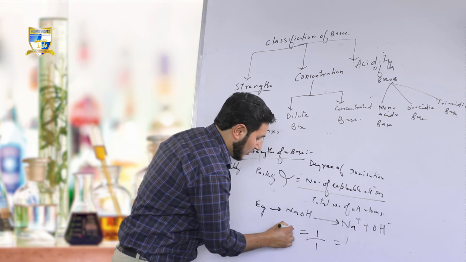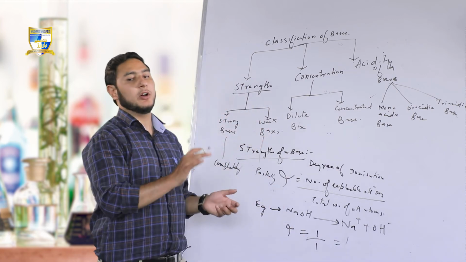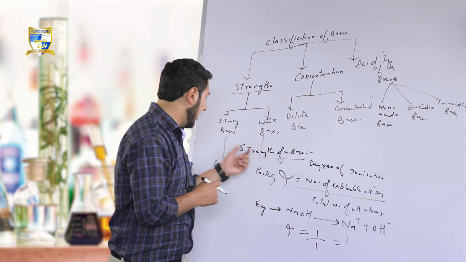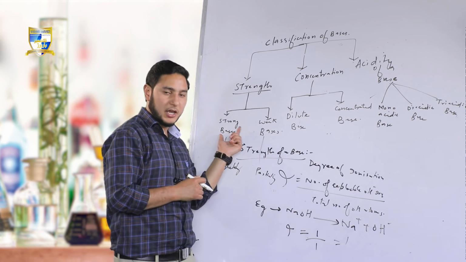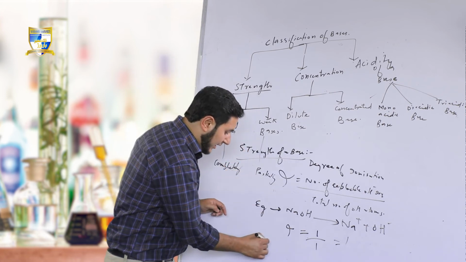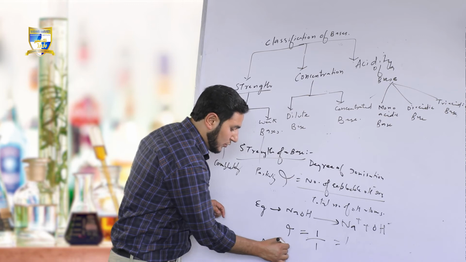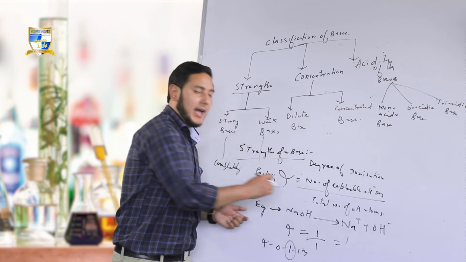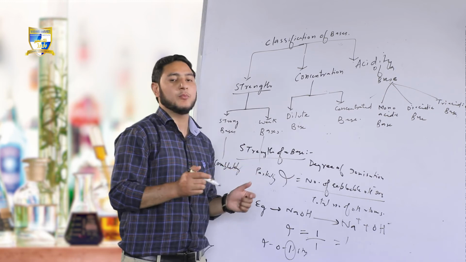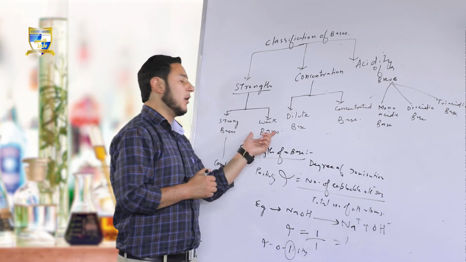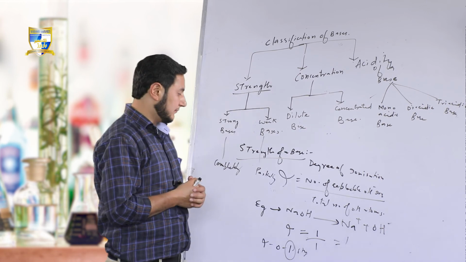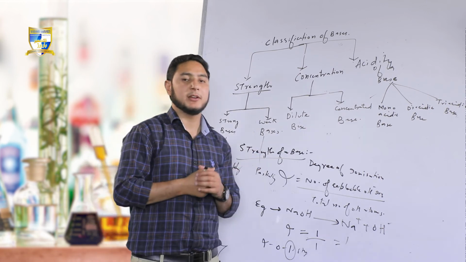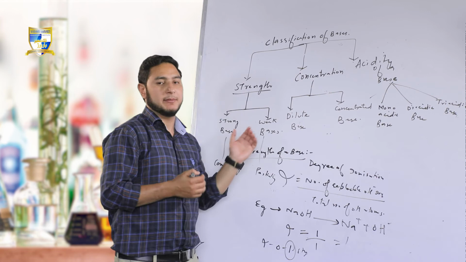So alpha is equal to 1. If the value of alpha is 1, it will be regarded as a strong base. So the value of alpha ranges from 0 to 1. If it is 1, it's a strong base, and if it is less than 0.7, it will be called a weak base. Now, we will differentiate between a strong base and a weak base.